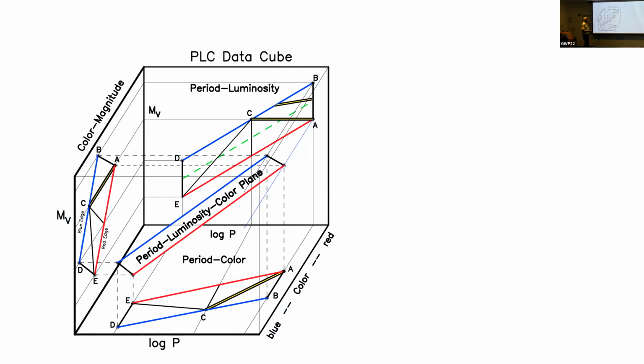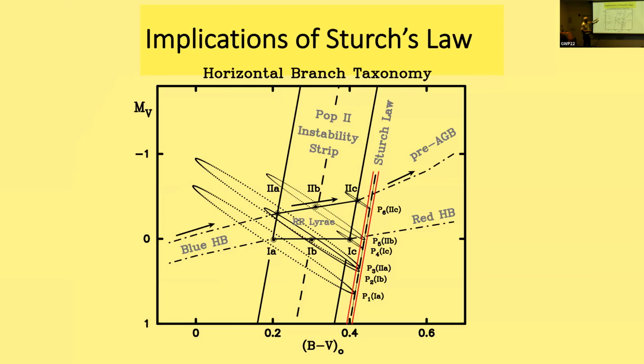Now, what if I were to say, well, okay, I'm going to now put in another little slice of sample of stars up there, not at constant magnitude, but just provocatively here. This now is the implications of Sturge's law and that little extra that I put in.